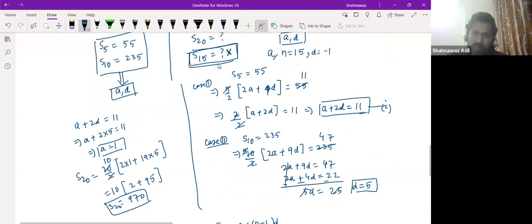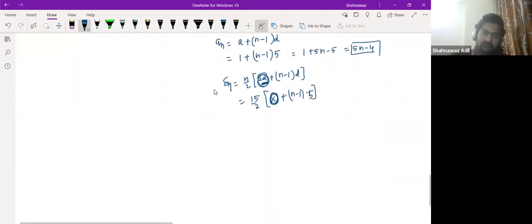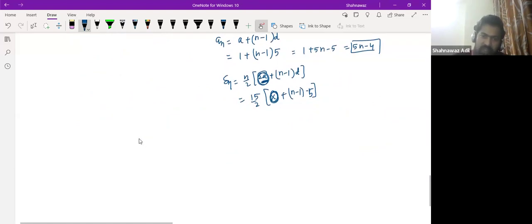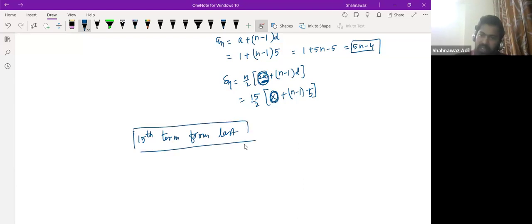Because you require at least that. When we solve, what is the 15th term from last, right? In these kinds of questions, what is given?